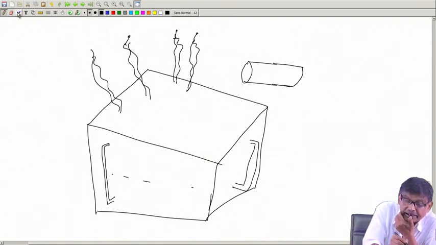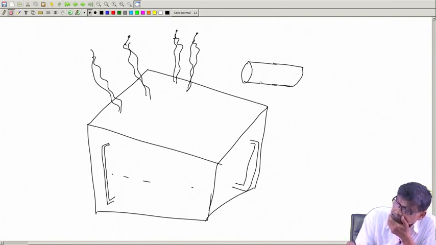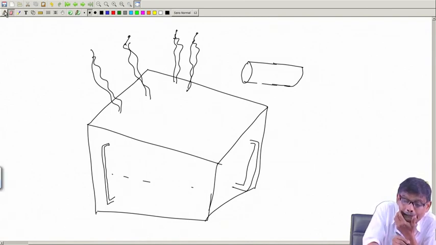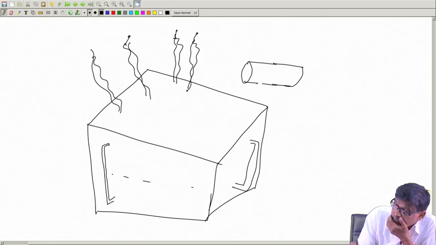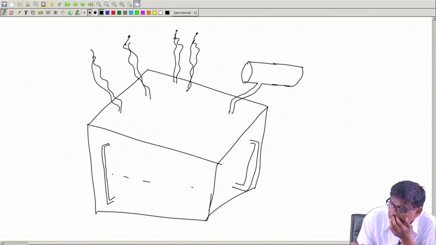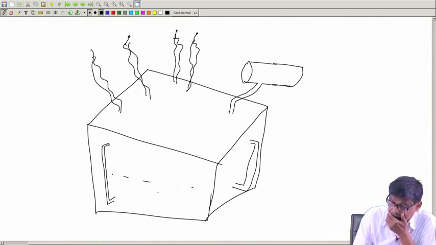And it is connected through a piping here, and this tank is filled with oil, and through this piping it is also connected.